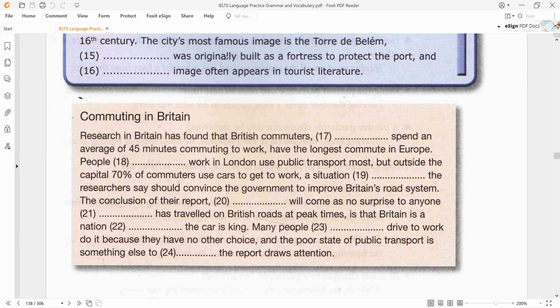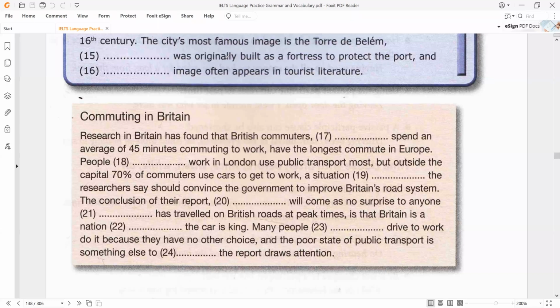That means you have to drive a car, or you take a bus, or you take the underground, or you walk, or you use a bicycle. So this is called commuting. For me, going to Highlanders from here every day takes me 2 hours and a half, 1 hour going and 1 hour, 15 or 30 minutes coming back. So commuting takes 2 hours and a half from my time every day.